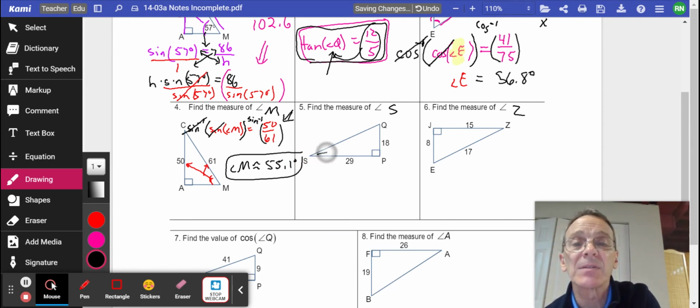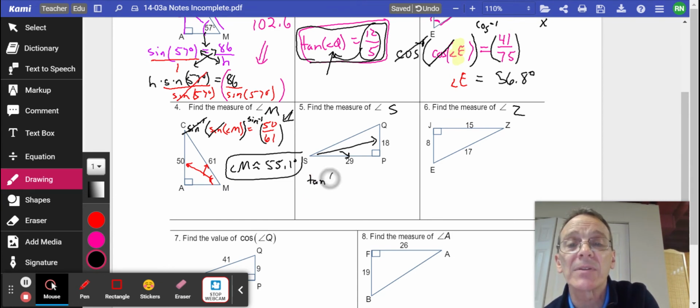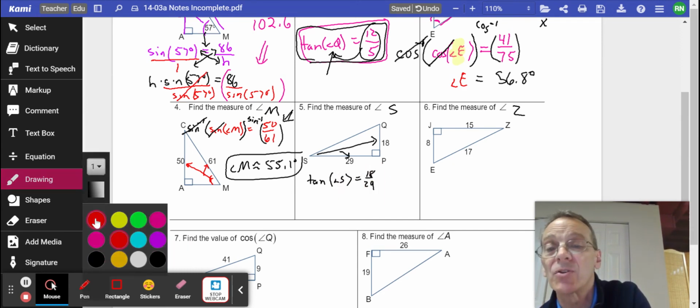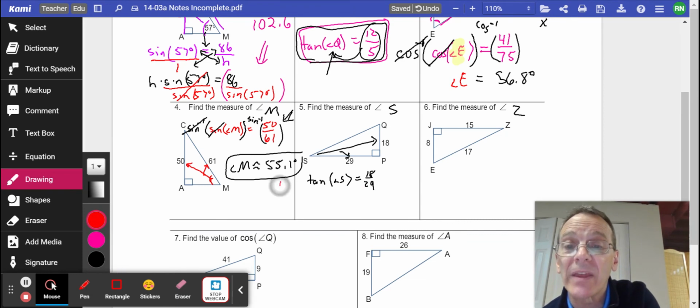For S, this is the opposite, this is the adjacent. I need a tangent equation this time. The tangent of angle S is equal to 18 over 29. How do you undo a tangent function? With a tangent inverse function. Okay, tangent inverse.